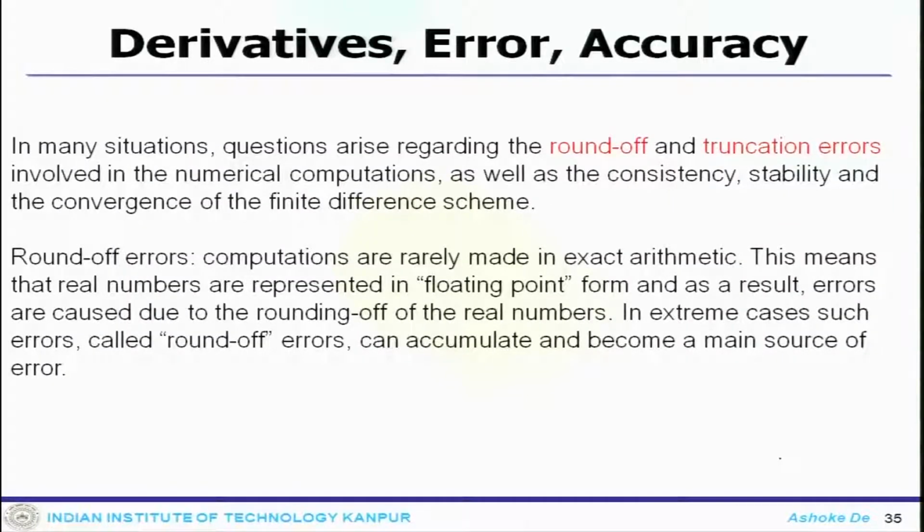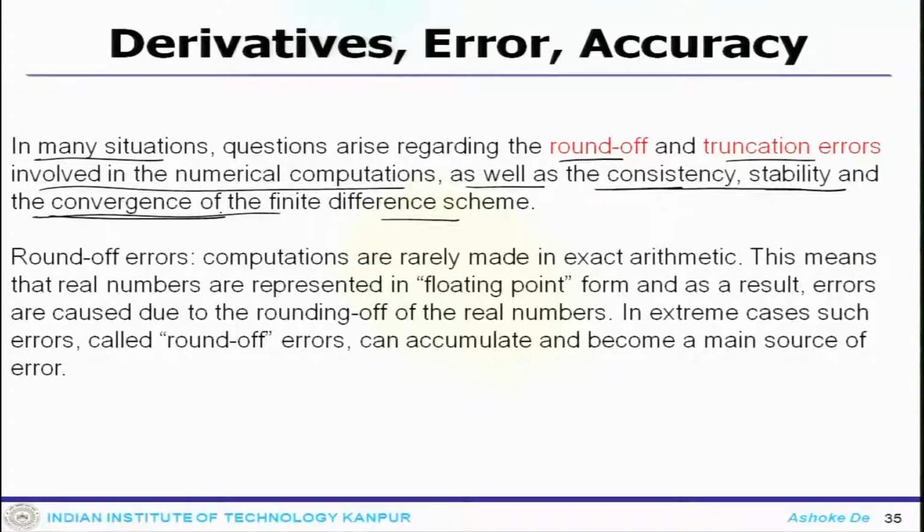So, what I just said, if you put them together, means that in many situations questions arise regarding the round off and truncation errors involved in the numerical computation, as well as the consistency, stability and convergence of the scheme. Okay. So, these are very important questions, how do all these errors accumulate.